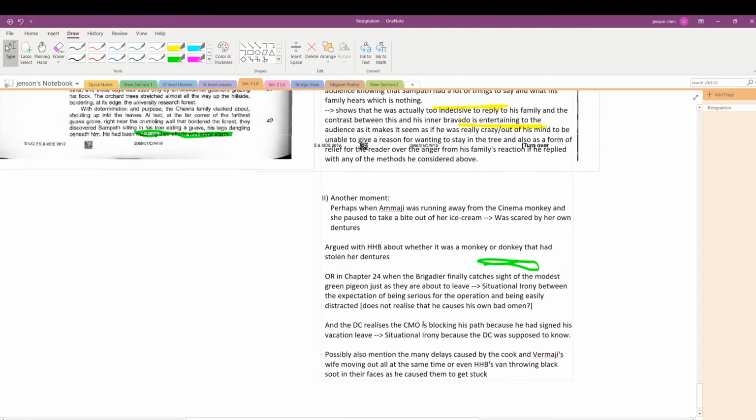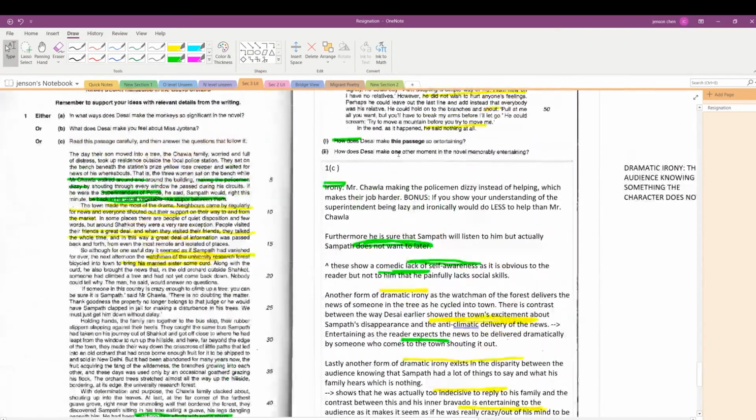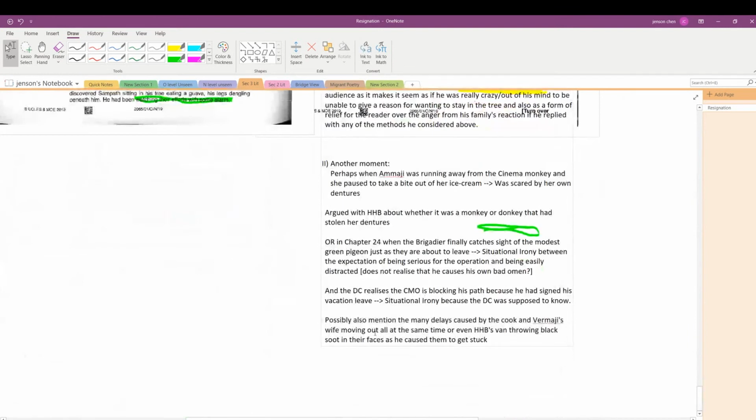Okay, third thing you might possibly be able to mention if you were to analyze this scene or this moment would be the many delays caused by the cook and Vermaji's wife moving out all at the same time. In this case, it would be the device of exaggeration or hyperbole by having so many unfortunate coincidences happening at the same time.